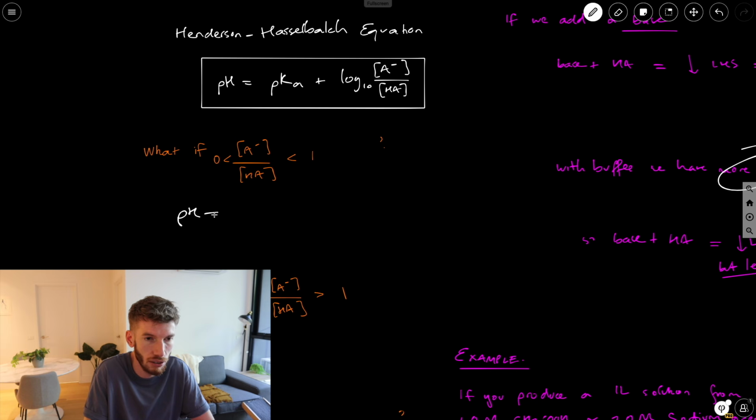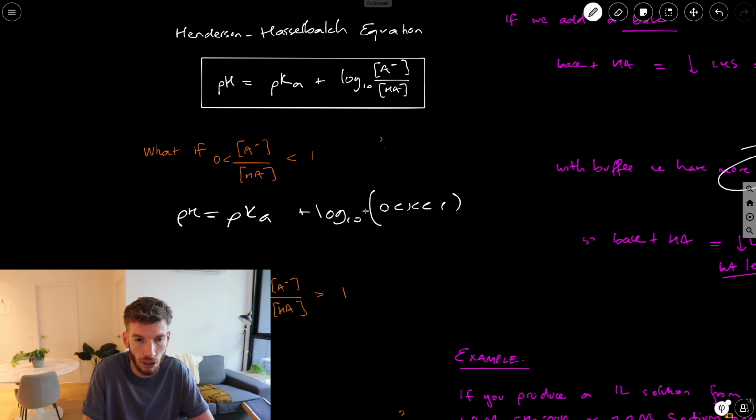Well, if we put that into the formula, pKa plus log 10 of something that is between 0 and 1, I would look at the limits and go, well, log 10 of 0 is undefined, so it's not possible. You can't actually have 0. Log 10 of 1 is going to be 0, and so this would be pKa.